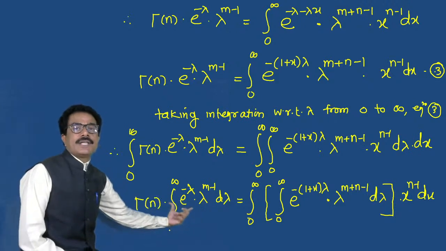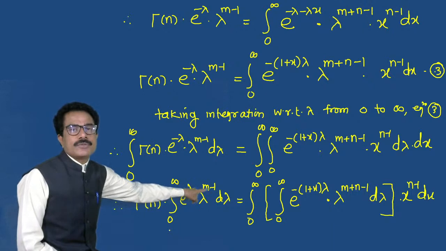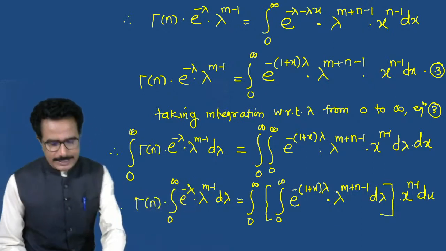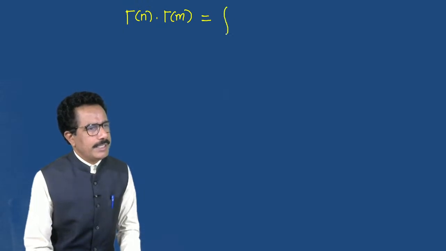This is the definition of gamma function with index m minus 1, means m. So we can write on the left side gamma n into gamma m, which is equal to integral from 0 to infinity.